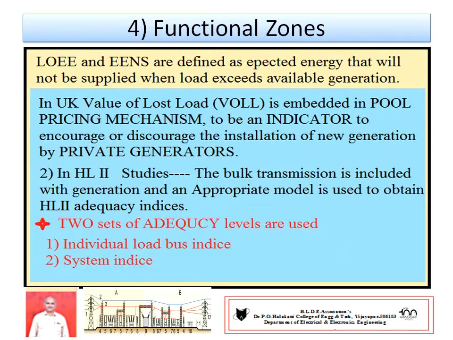Similarly, number 2, in HL2 studies, the bulk power transmission is included with generation and an appropriate model is used to obtain HL2 adequacy indices. In general, two sets of adequacy indices are used. Number 1, individual load bus indices, and number 2, system indices.